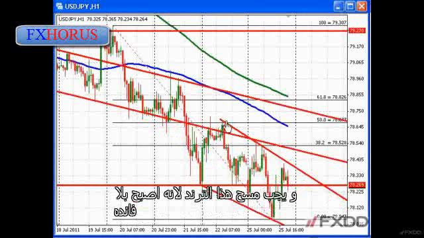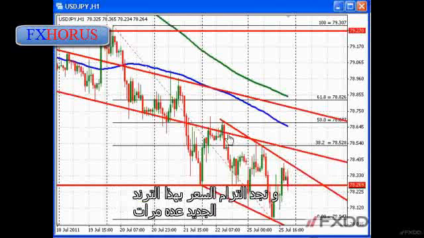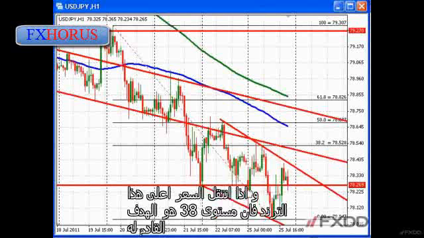But if you connect these highs here, we have 1, 2, 3, 4 different highs that come near this trend line. This current trend line comes in around the 78.42 level, and that's the level that I'm going to focus on instead of that previous line. Watch the 38.2 as the next target after a move above this trend line, should the market get above that level. On the downside, I still like this level where the market is currently at.